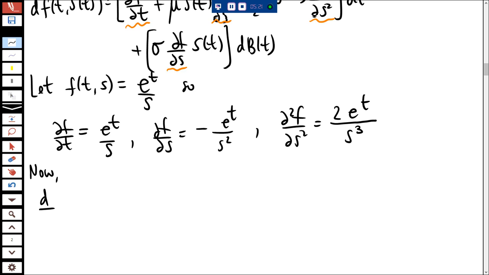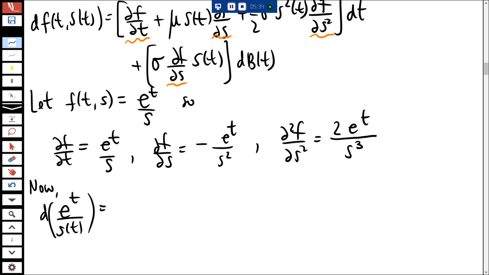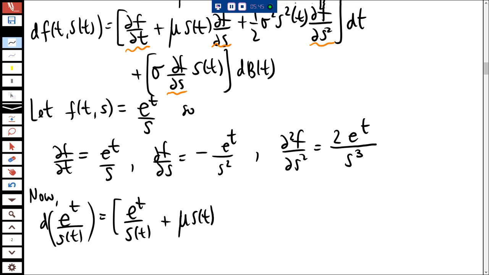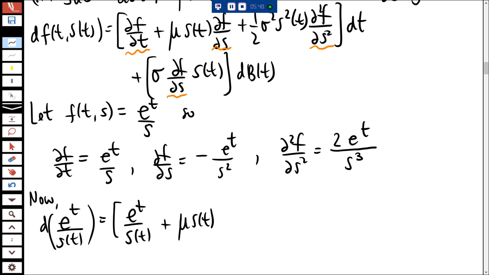So we have dy, if you like. I think I'm just going to call it this thing. Let's drop them in. So we have df dt, which is e to the t over S of t, plus mu S of t, that's df ds, which is in the middle.